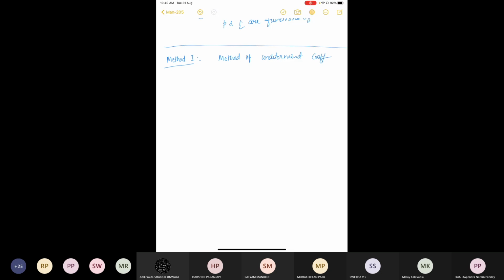We have Ly equal to r(x) here, where Ly I'm taking as y double dash plus p y dash plus q y.